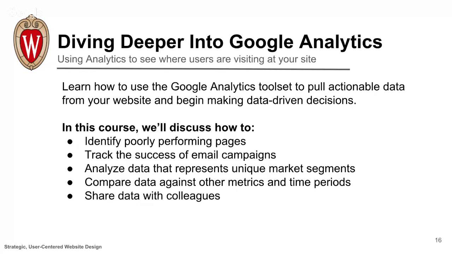So the first class is just basically opening the door, trying to get you to understand in general what analytics is and what you should be looking for with it. The second course will be much deeper, for those who are getting more comfortable with using analytics and some of these particular items that Jonathan is going to hit on.